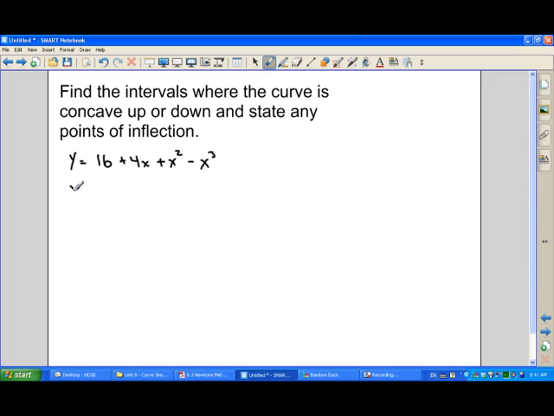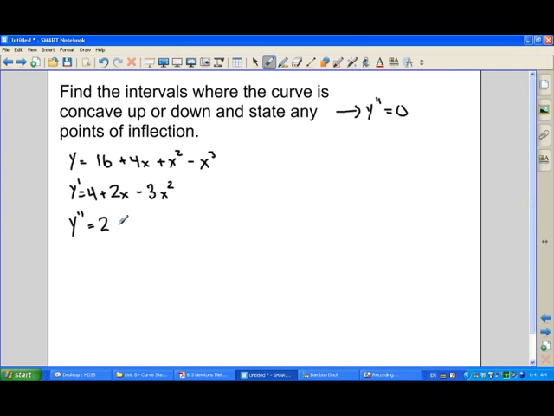So my first derivative would be 4 plus 2x minus 3x squared. That's my first derivative. If we're testing for concavity, we're looking for points where the second derivative is equal to 0, so I'll take the derivative again.